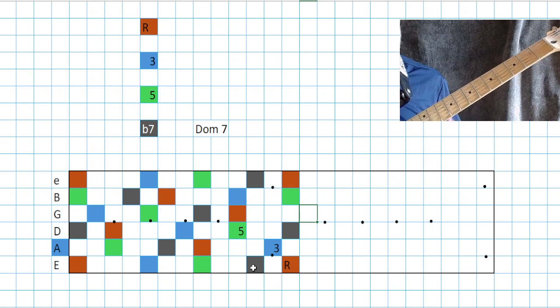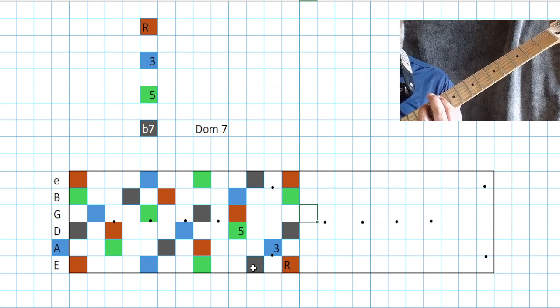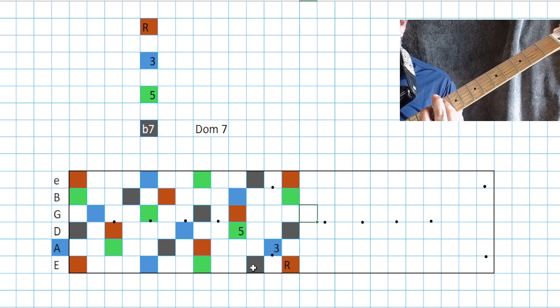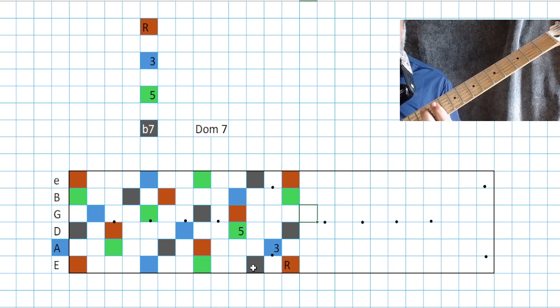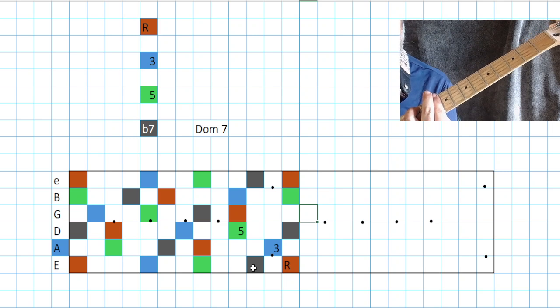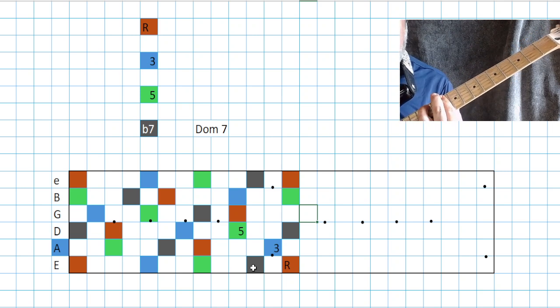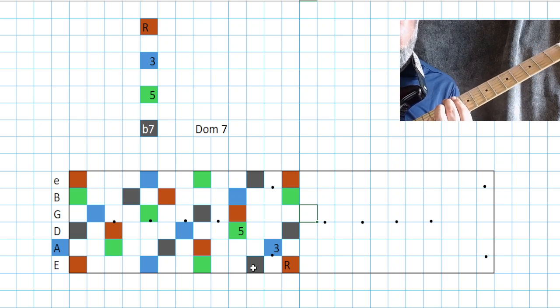And you can play different inversions of that. You could play, like that.